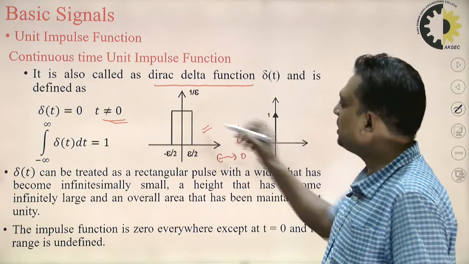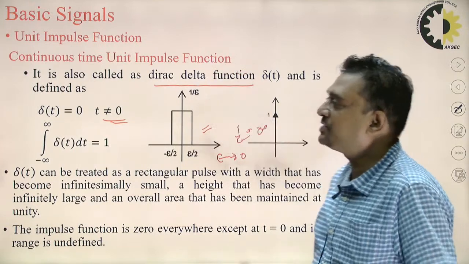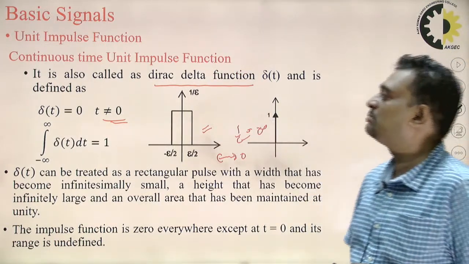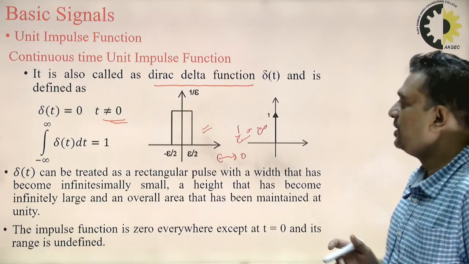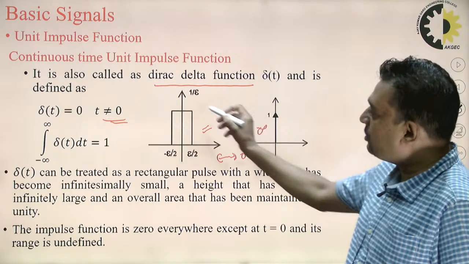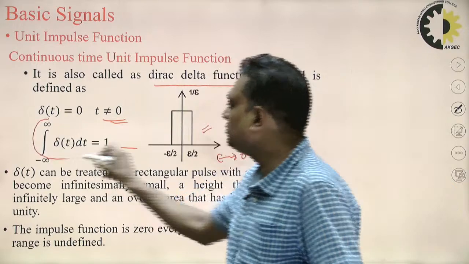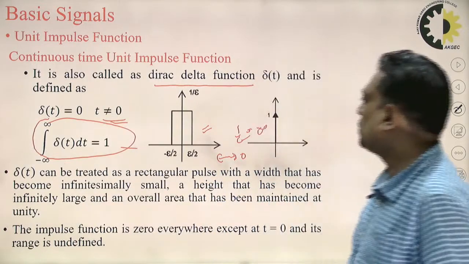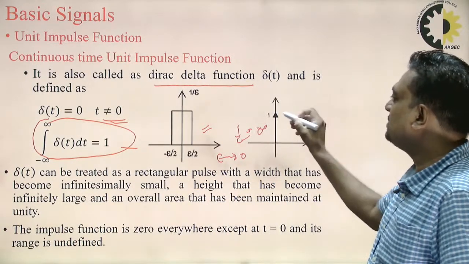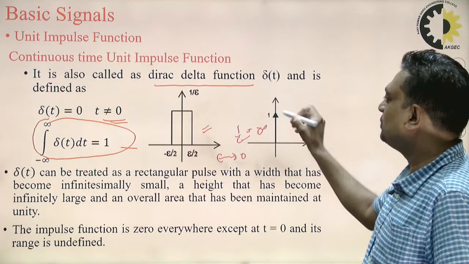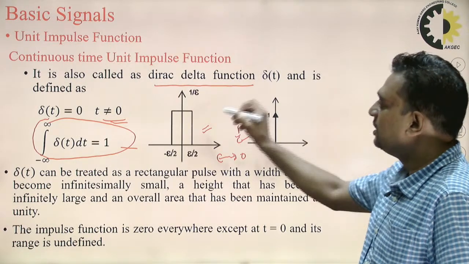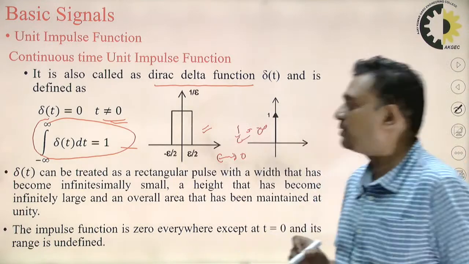So you can say the height is infinite, the amplitude of the continuous time unit impulse function is infinity, but the overall area contained by this rectangle is fixed to 1. This is represented by the integral from minus infinity to infinity of delta(t) dt equals 1. We represent it by this arrow and write 1, which represents that the area of the continuous time unit impulse function is 1.